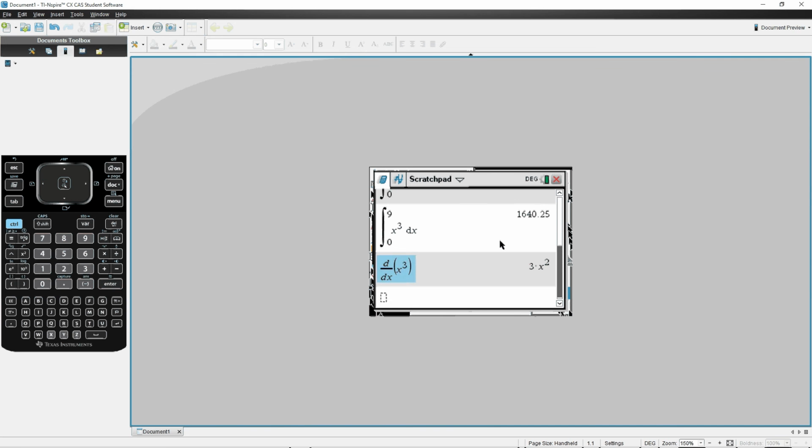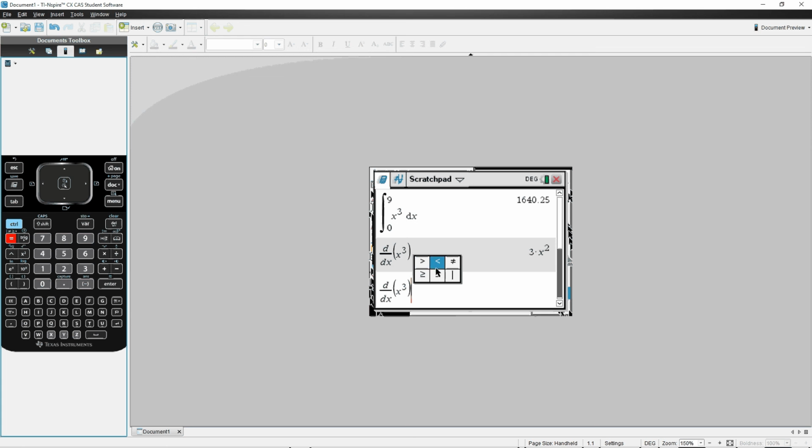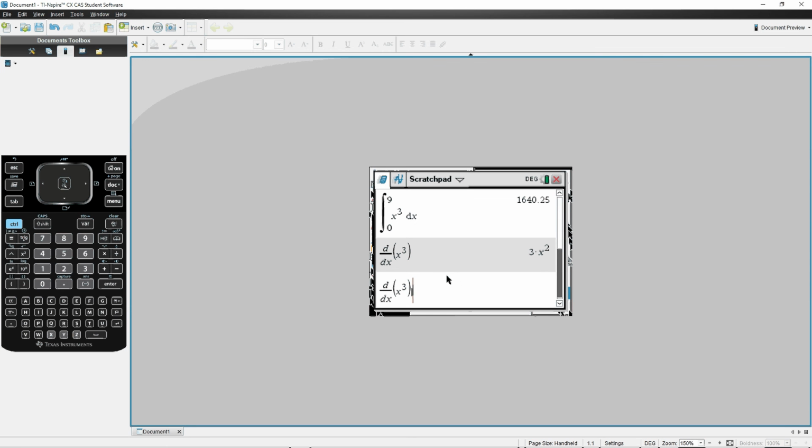That means with respect to. That means such that. And we looked at that earlier, and what this means is that we're going to be finding d by dx of x cubed such that, and we can type in x equals 5, and it will evaluate the derivative such that x equals 5 and return 75 to us, which is what we want.